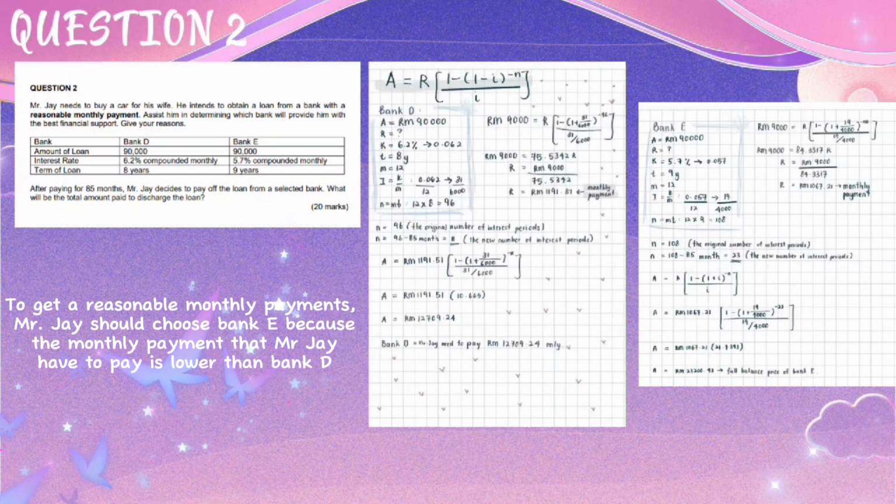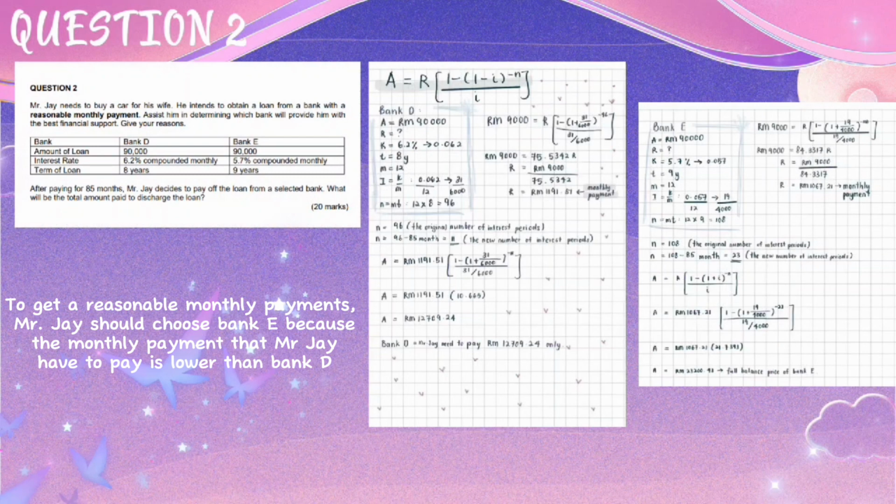Next, in order to find the present value, we need to find a new n, because Mr. J decided to pay off the loan early. So 96 minus 85 months, and we get 11, which is the new number of interest periods.